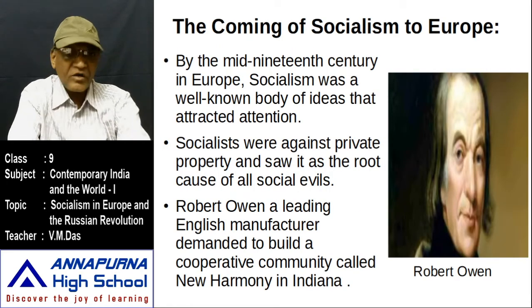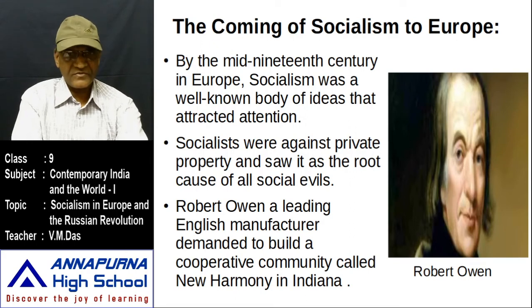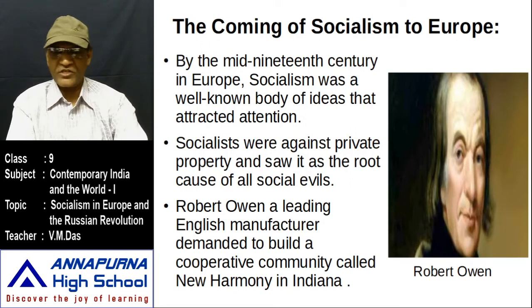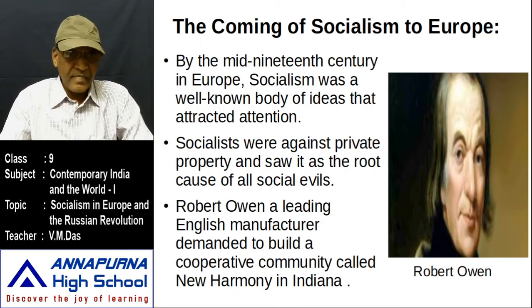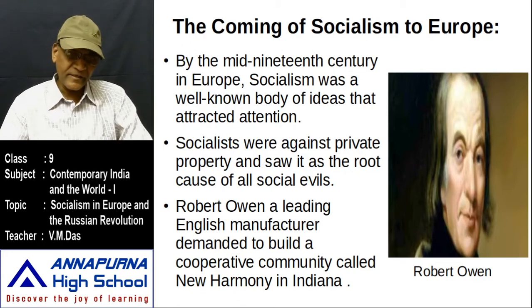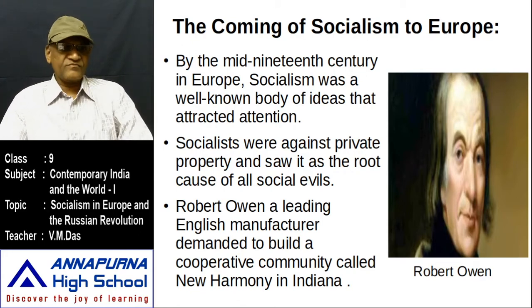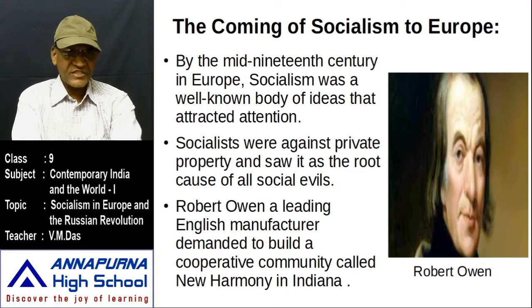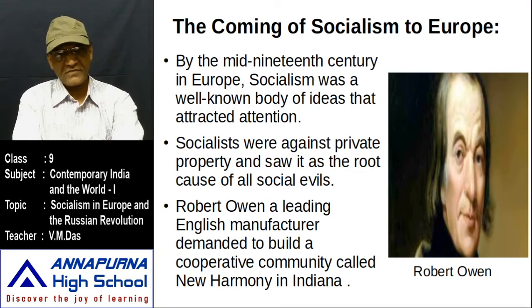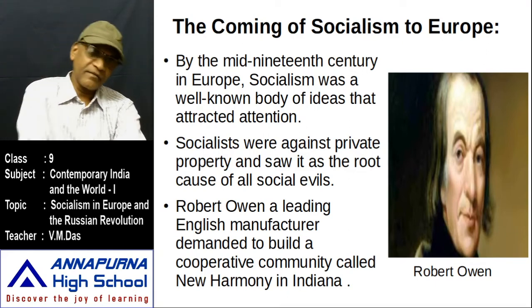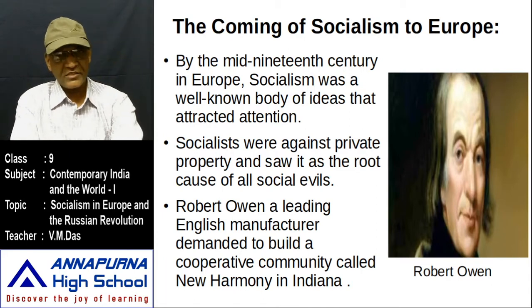Now, let me tell you how socialism came to Europe, the coming of socialism in Europe. By the mid-19th century in Europe, socialism was a well-known body of ideas that attracted the attention of the people. In the previous video, I told you about the pioneers of socialism, especially Karl Marx and Engels, the famous socialists.